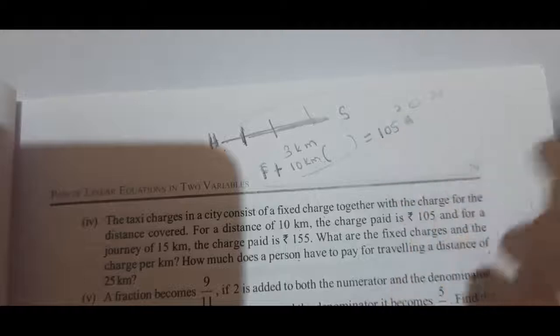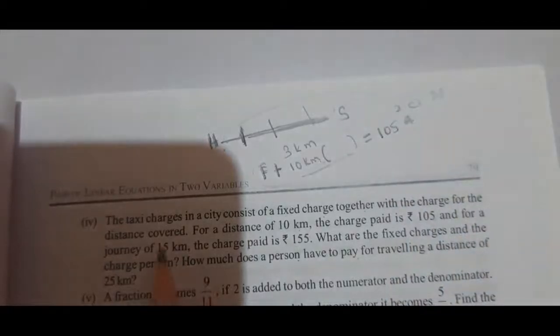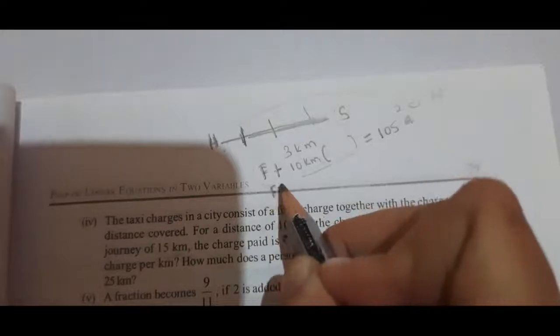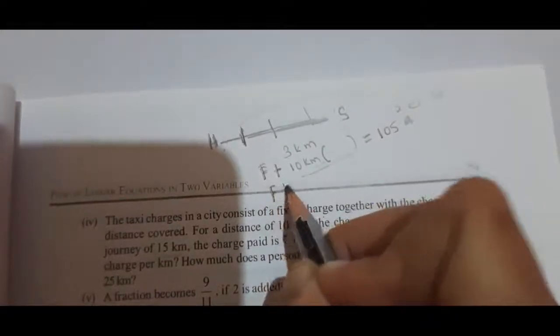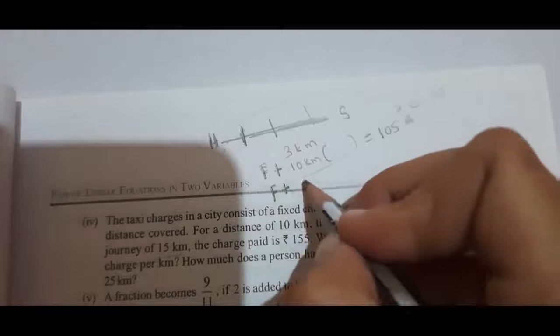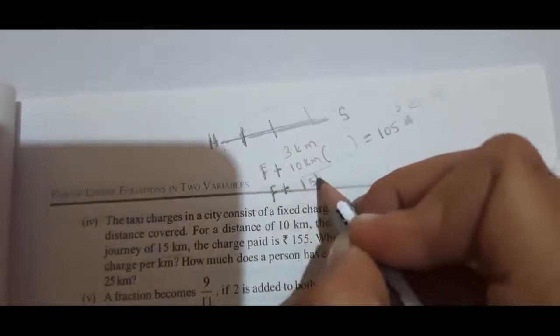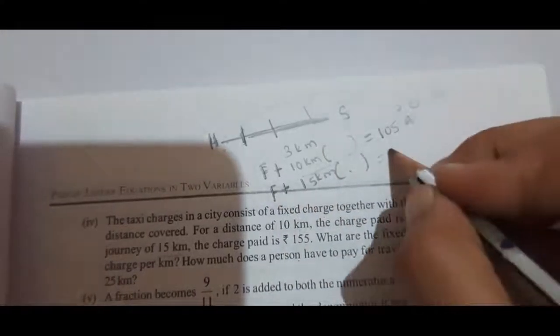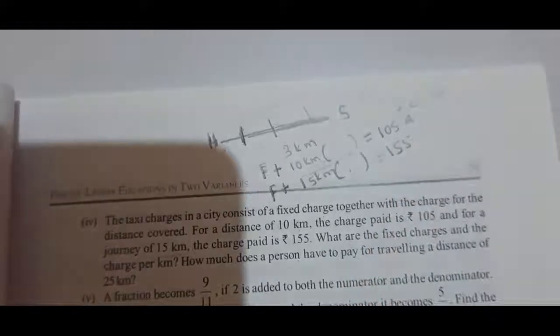The total money becomes what for the first round? 105 rupees. And next, for 15 km the fixed charge is compulsory, we have to pay. How many kilometers is traveled the second time? 15 km. And what is the rupees for 15 kilometers plus the fixed charge? He took 155 rupees.